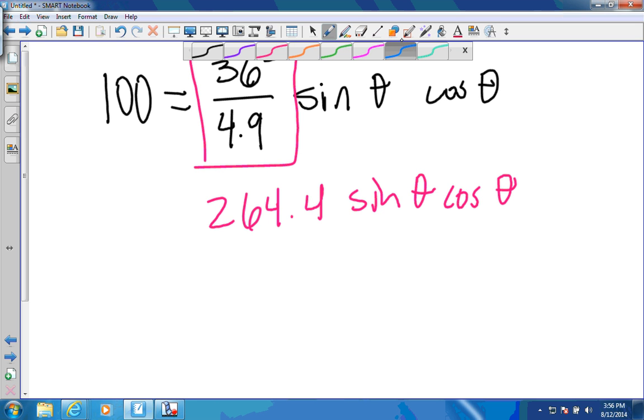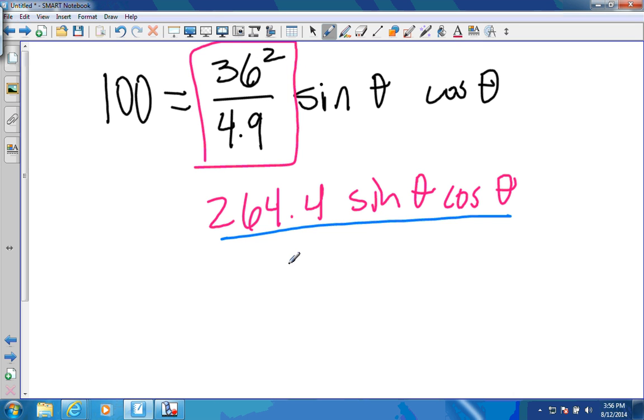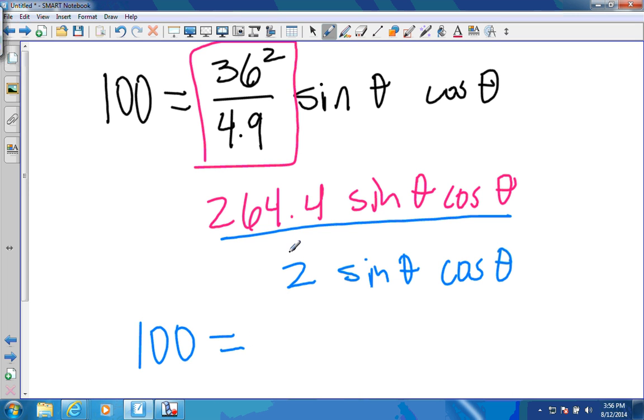And this looks very similar to 2 sine theta cosine theta. So if we keep that as 100, you would take 138.2 times sine theta.